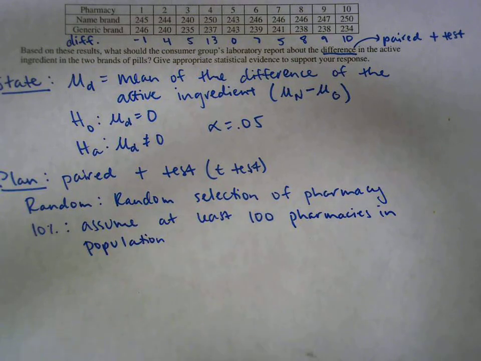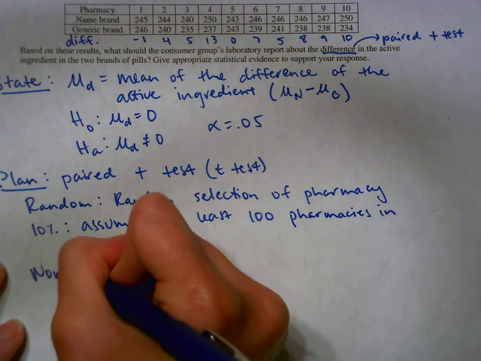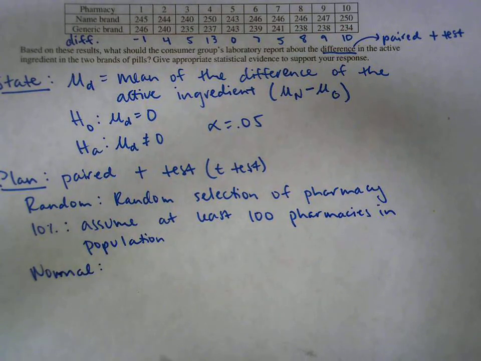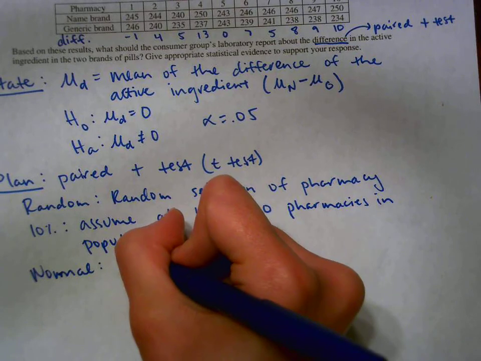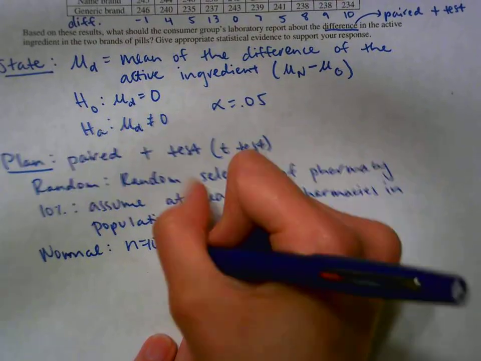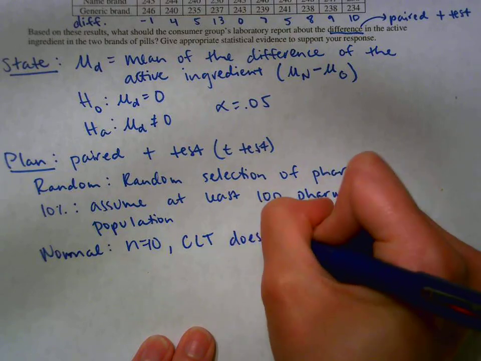That way our sample is less than 10% of our population. And now for normal. Our n is not greater than 30, right? Our n equals 10. So CLT doesn't apply because it has to be greater than 30.